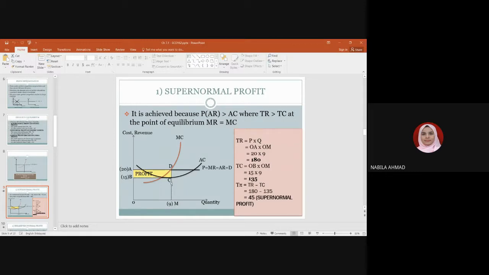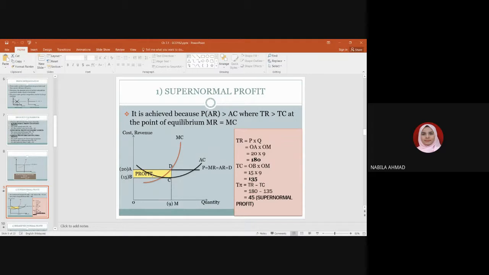Jadi kita kena compare dengan average cost. So di sini average cost berada di bawah. So at equilibrium here, quantity ni, average revenue adalah 20, average cost at point C ni adalah 15. So bila average revenue greater than average cost, definitely the firm will making profit.